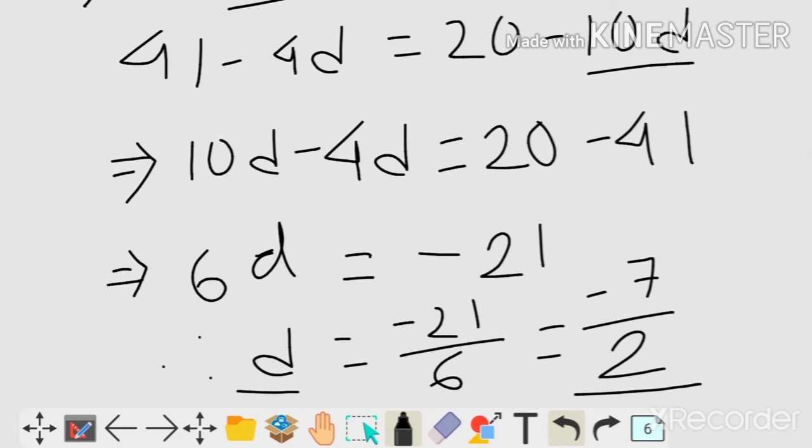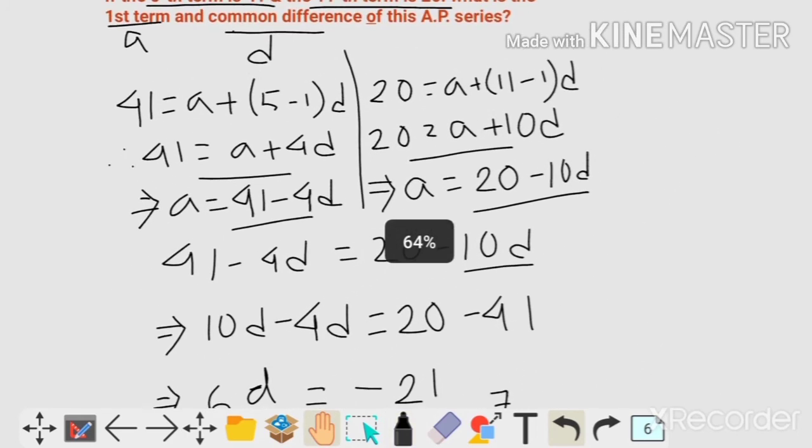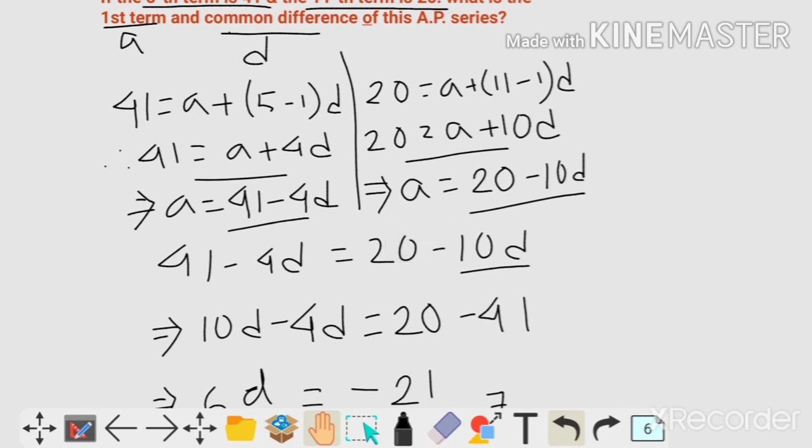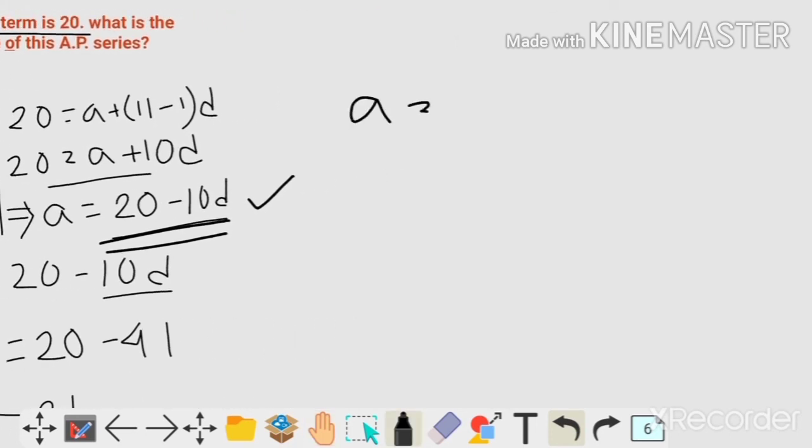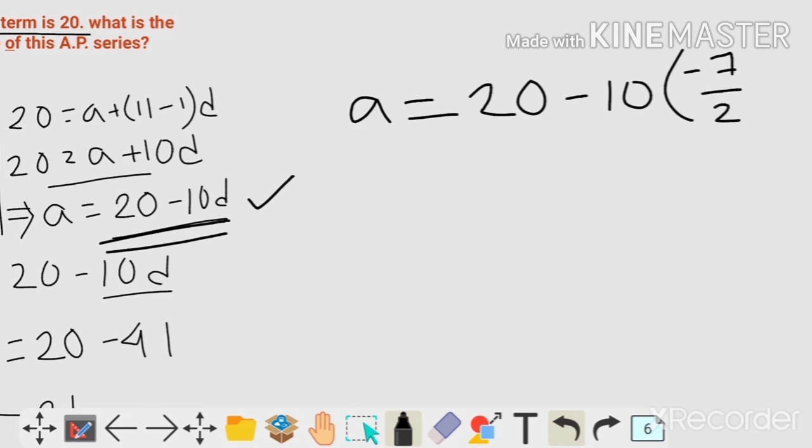Now we'll put the value of D in the first equation or the second one. We can put the value of D in this one or this one. So I choose this equation. Okay. So now A equals 20 minus 10D, and the value of D is minus 7 by 2.